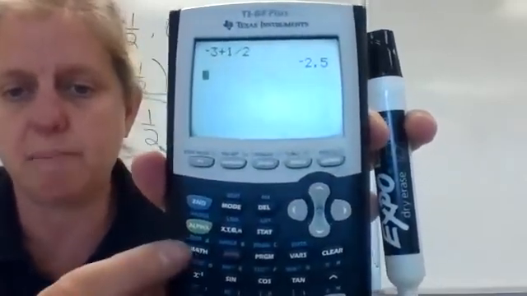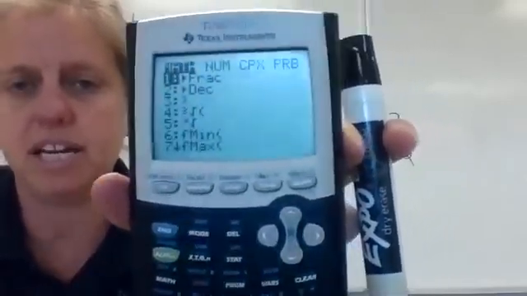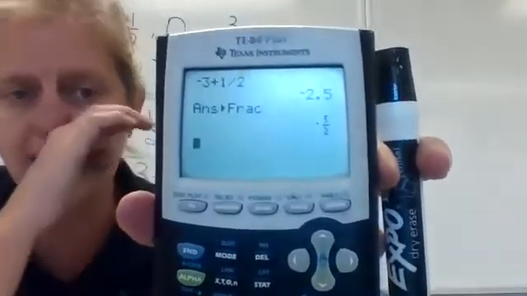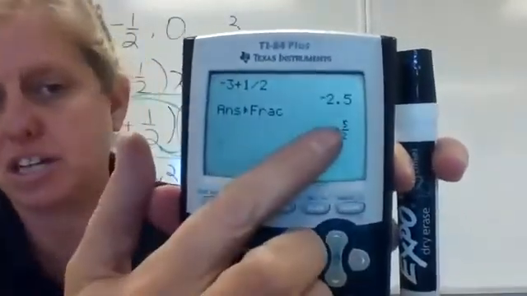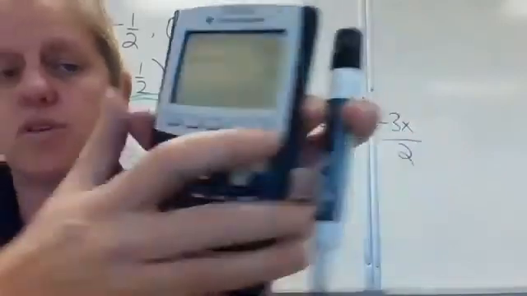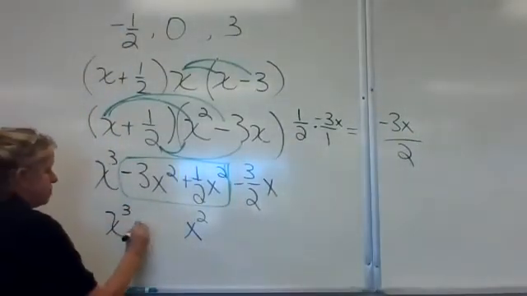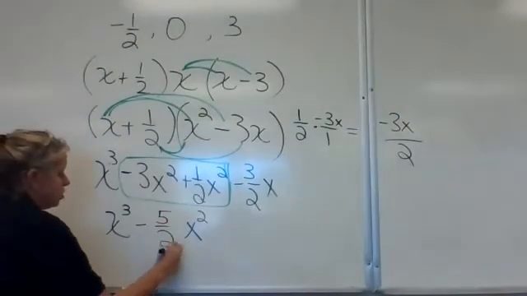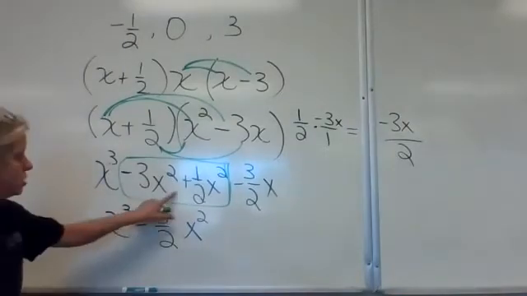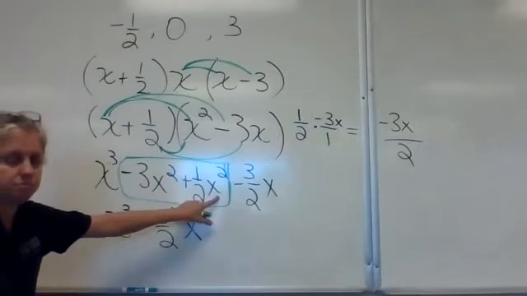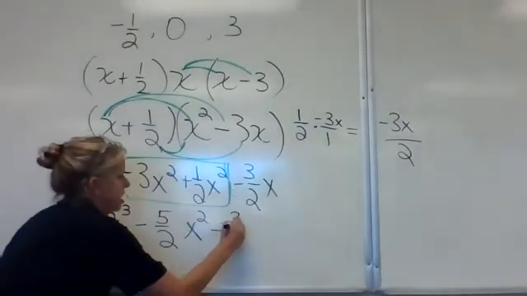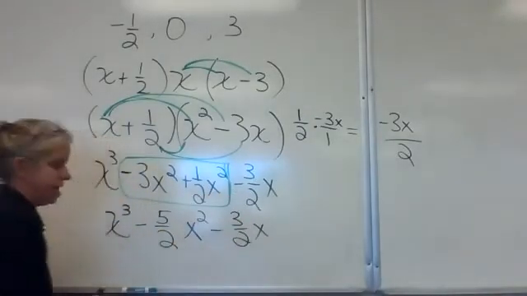So you're just going to have to hit the math button and then hit enter twice to turn that decimal into its fraction. So -5/2 is what I'm left with. So when I put these together, it gave me -5/2 x squareds. And then just drop down the -3/2x.